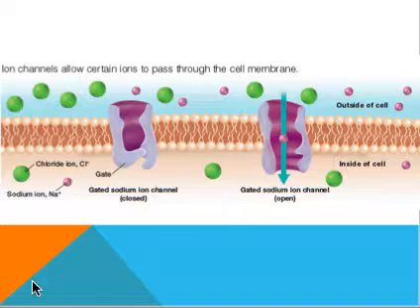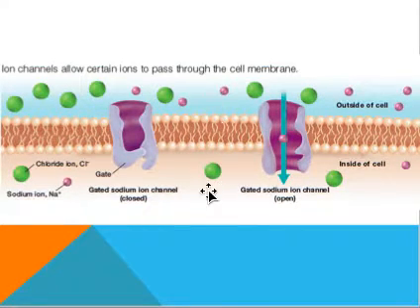Okay, so here is a picture of these ion channels. You've got your normal cell membrane right here with the phospholipid bilayer, the polar head, and the nonpolar tail in the center. This is a gated sodium ion channel. This is allowing sodium to come through the cell membrane.